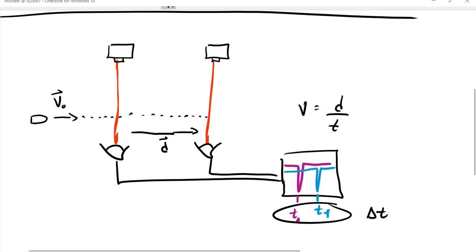And so combining the displacement between the lasers and the time interval, we get the velocity of the bullet. Now we do want the displacement between the 2 lasers to be fairly small, maybe 10 centimeters or so, because believe it or not, air resistance does slow the bullet down quite a bit.